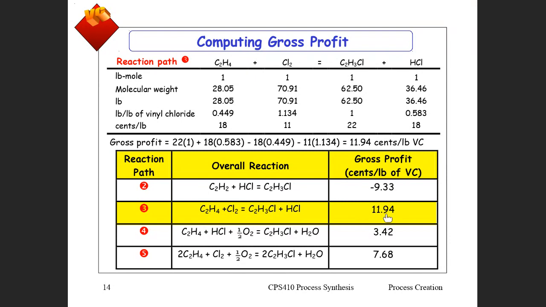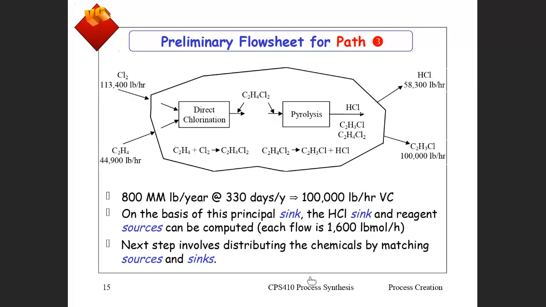And this is 12 versus 7.5, and that's quite a big difference. So therefore, we're going to choose reaction 3 as our most viable way of making this vinyl chloride monomer. Okay, so that's the whole process about choosing the chemical reaction. And now we know how exactly we're going to make it.